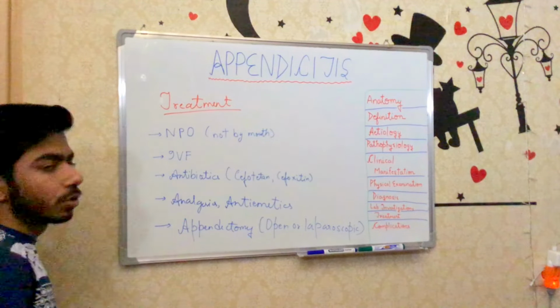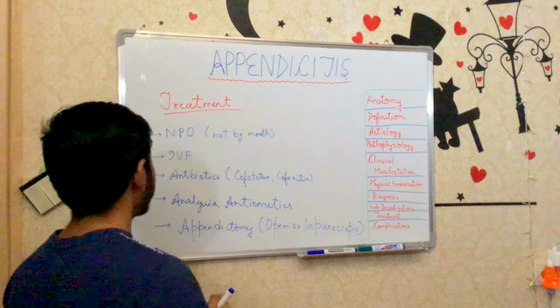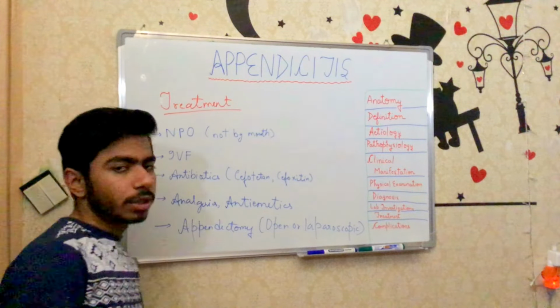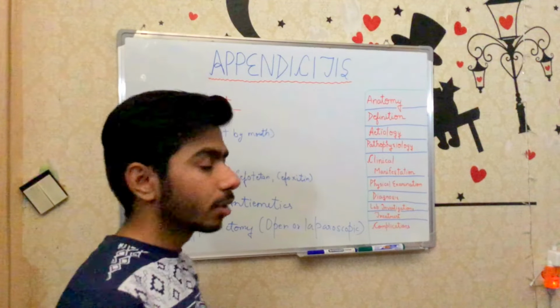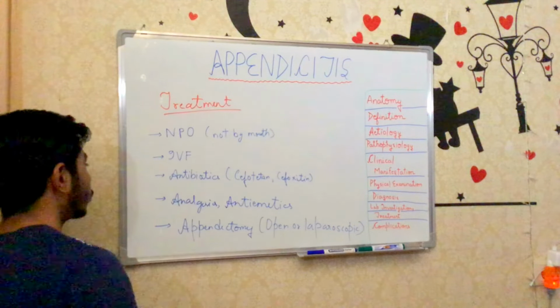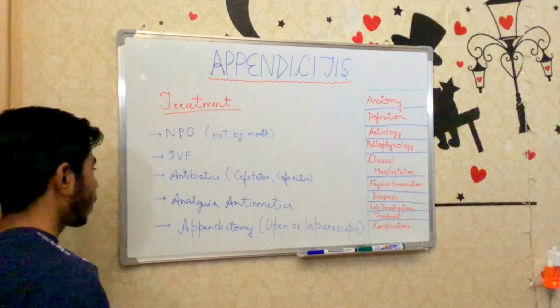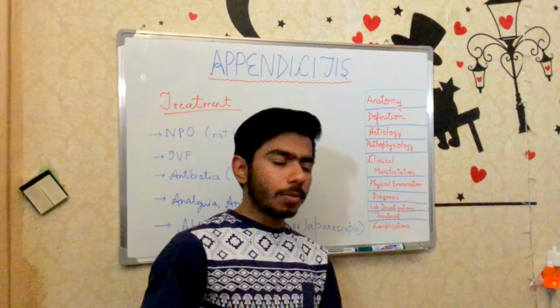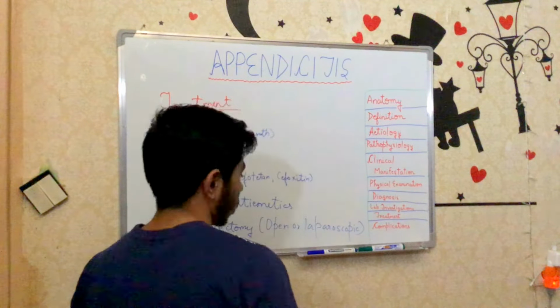So this was about the treatment: nil per os, meaning there should not be anything by mouth, intravenous fluids, antibiotics for the bacteria, analgesics for the pain, antiemetics for the vomiting, and at last appendectomy, open or laparoscopic method.